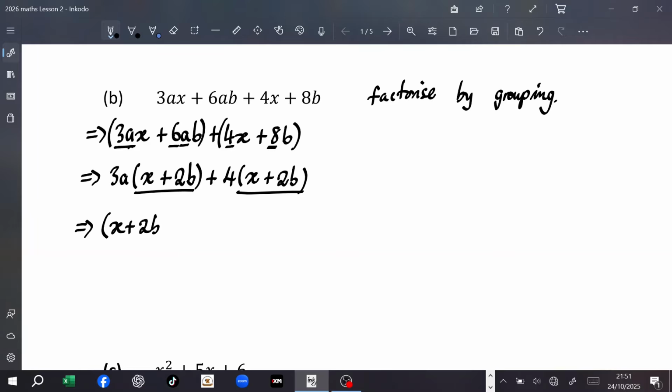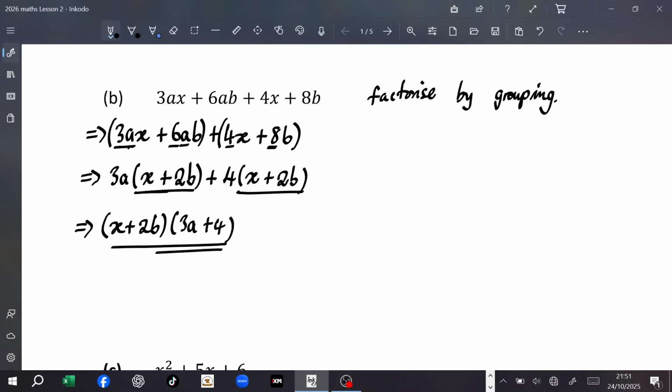You put it in brackets there. Then once on this side you have removed this, you remain with 3a. So you open brackets 3a. Then on this side, once this has been removed, you remain with plus 4. So you write plus 4. Okay, so this one will be the final answer.